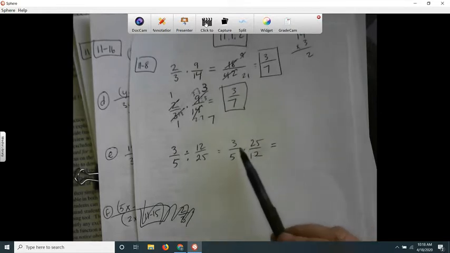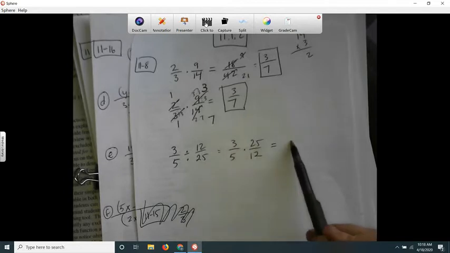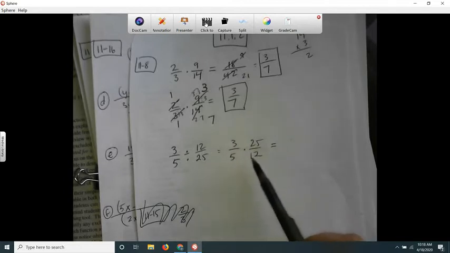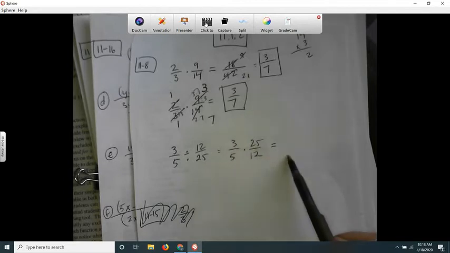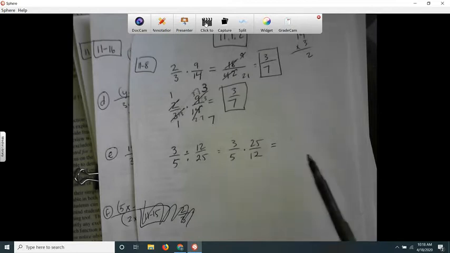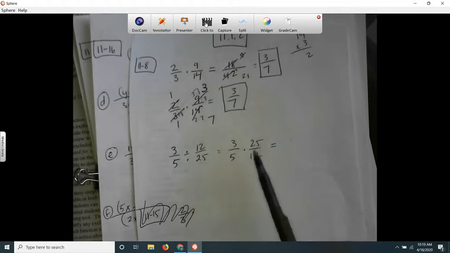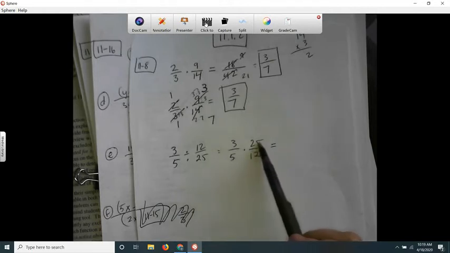And here, I don't want to go 3 times 25 is 75, and 5 times 12 is 60, and then go through that long process of reducing. What I'm going to do is look for giant ones. I know that 25 could be written as 5 times 5. And so then I'd have a giant 1.